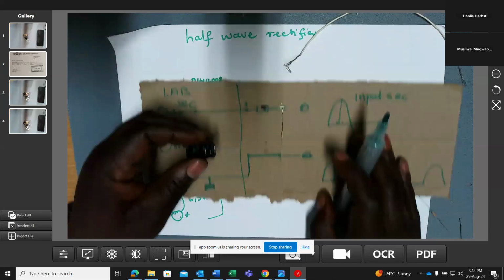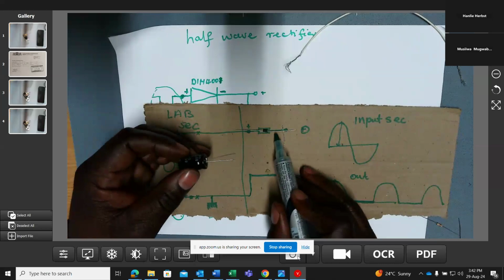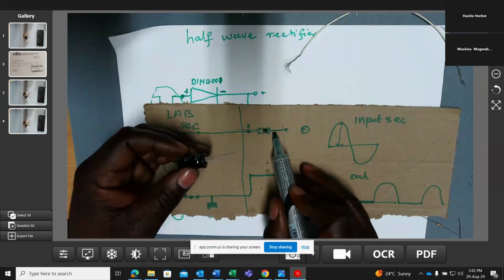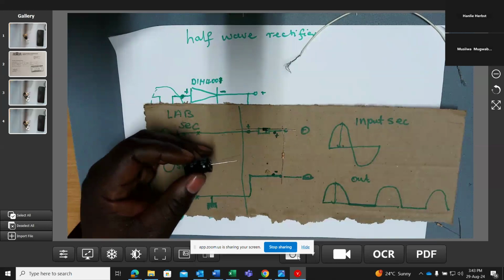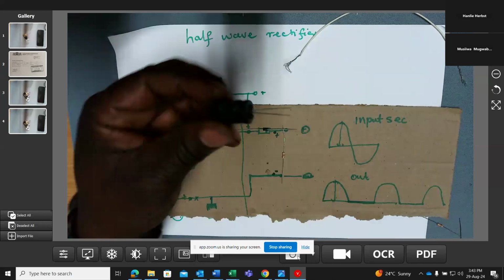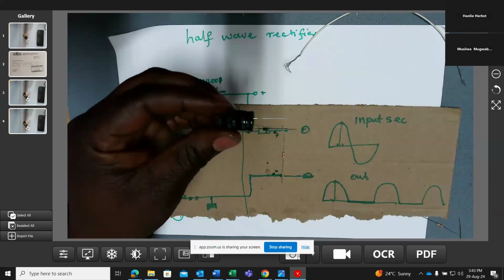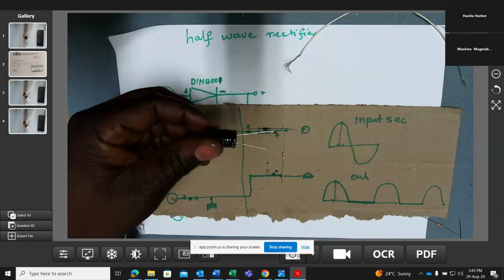Then you will see that the positive side of the capacitor will be connected there, and the negative side of the capacitor will be connected there. Once you connect the capacitor, remember the longer leg means positive, the shorter leg means negative.